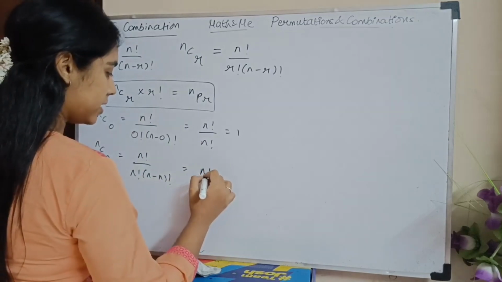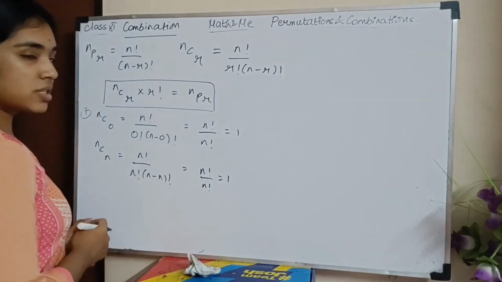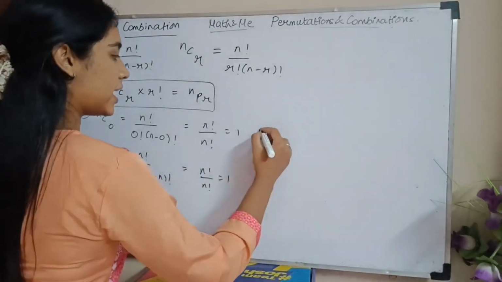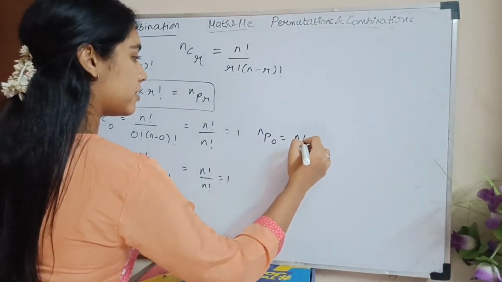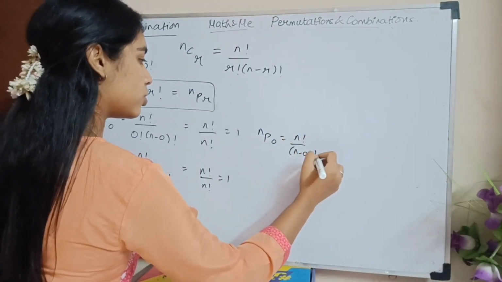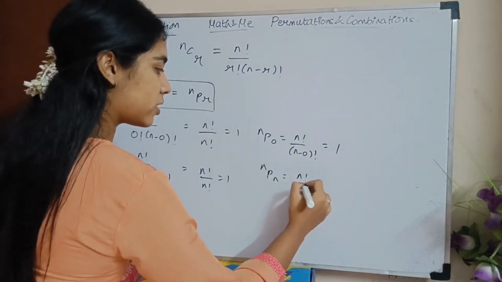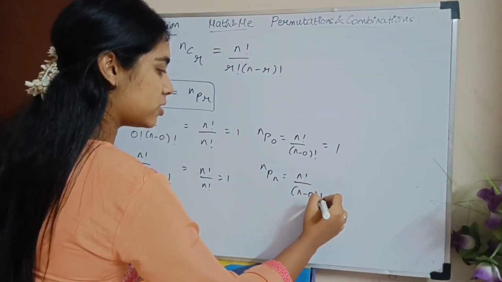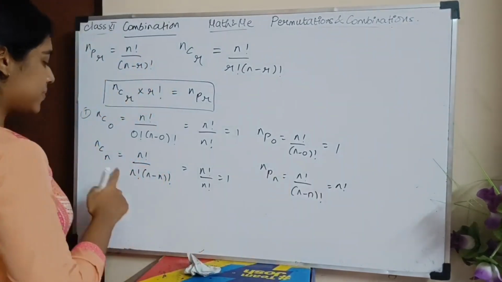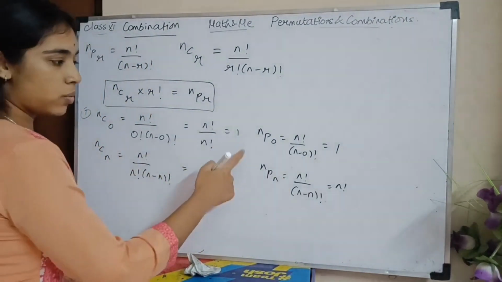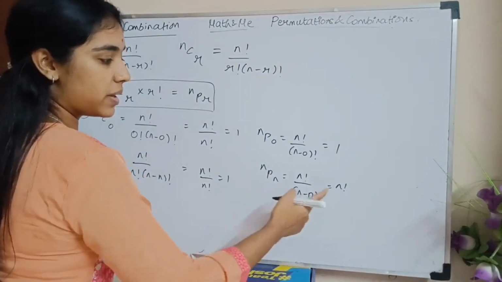So I will have n factorial by n factorial, which is 1. Now nP0, what will I have? n factorial divided by n minus 0, the whole factorial, that is also 1. nPn is n factorial divided by n minus n, the whole factorial, which will be n factorial. Here nC0 and nCn are both 1. Here nP0 is 1, nPn is n factorial.